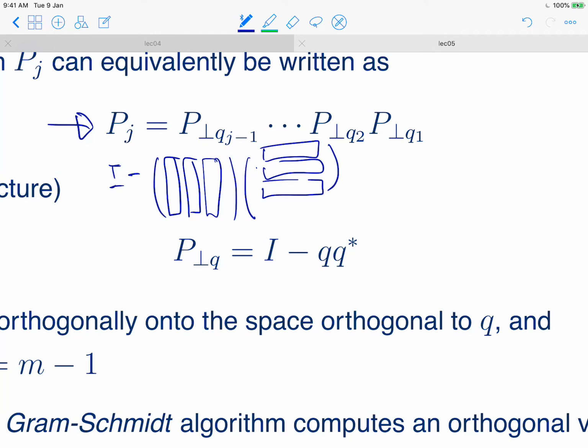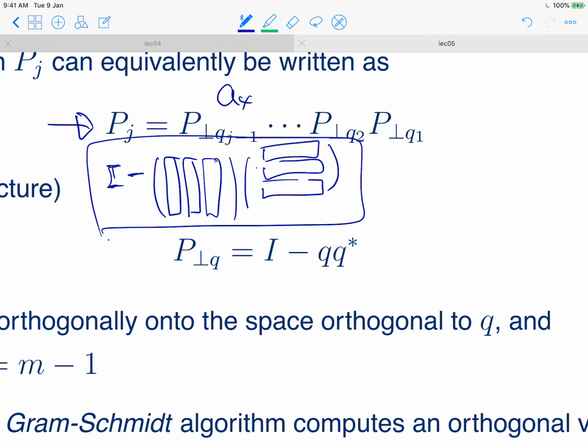So we are at the fourth step where we handle A4, and then we would have Q1, Q2, and Q3, right? And then I minus this matrix will be our complementary projector, right? But this guy can also be represented as follows, like this.